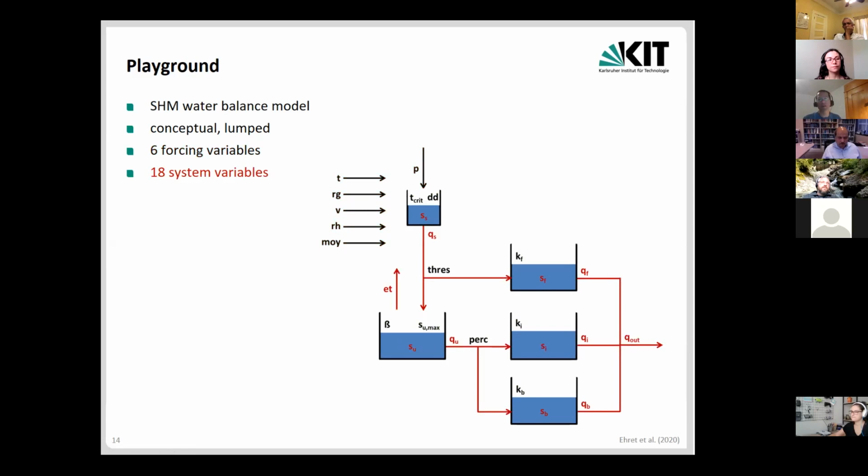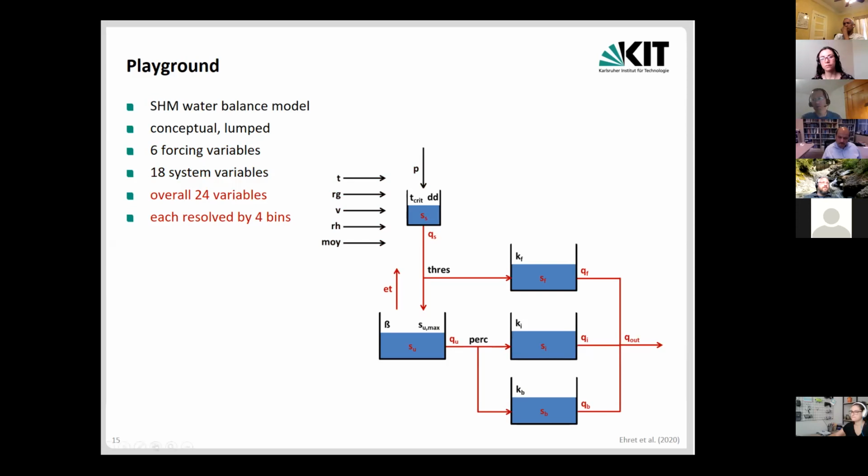Overall, it has 18 system variables, which is both state and flux properties, and all the corresponding parameters of the model. So overall, it's 24 variables. So if you like, the space in which the model states are placed is a 24-dimensional space, if we take both the forcing and the model variables.